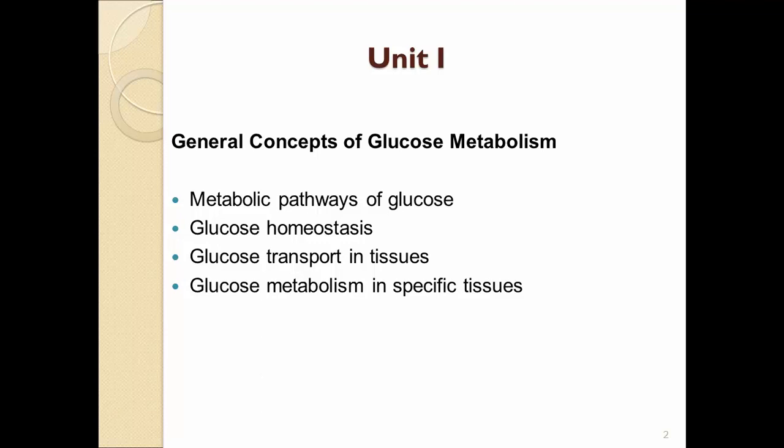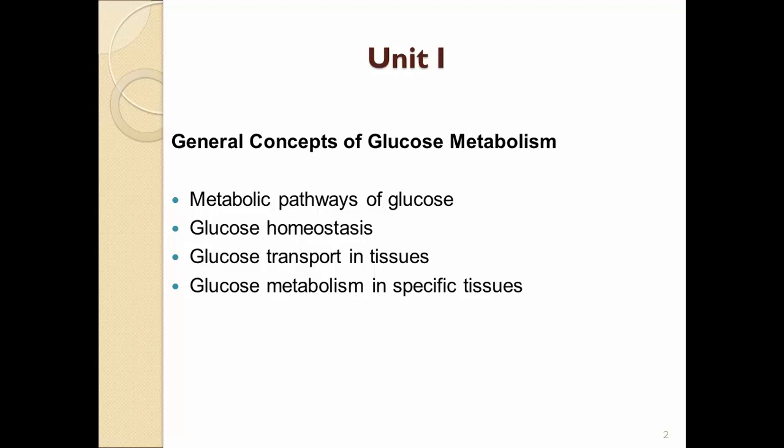This is one concept. And the other concept is that even in the same tissues, metabolic activity can be different in a different physiological condition, right? For example, liver, under the fed condition, liver usually just does the glycogen synthesis, right, to try to store carbohydrate in the form of glycogen.